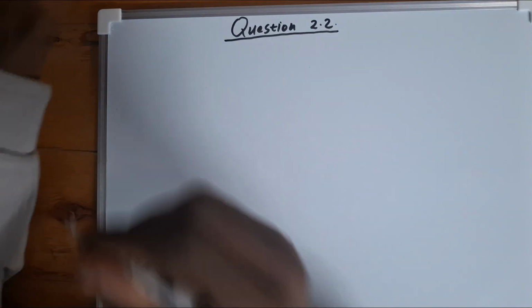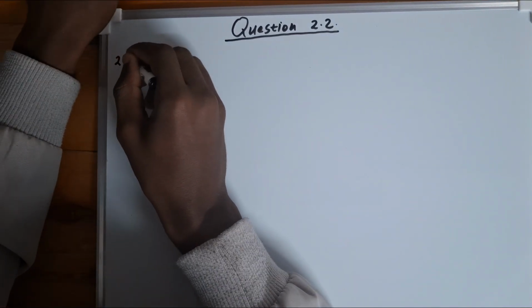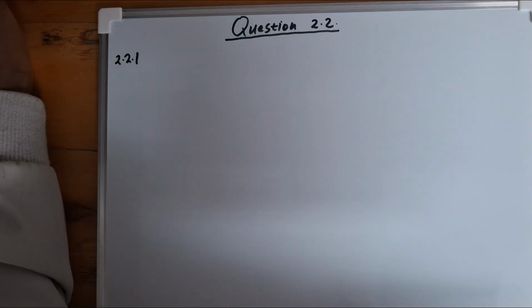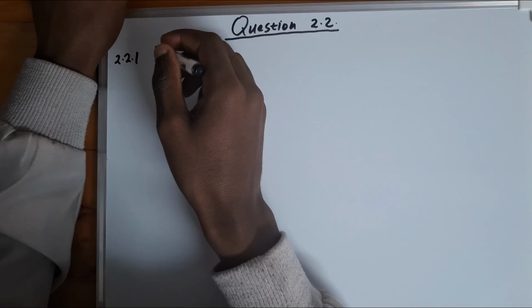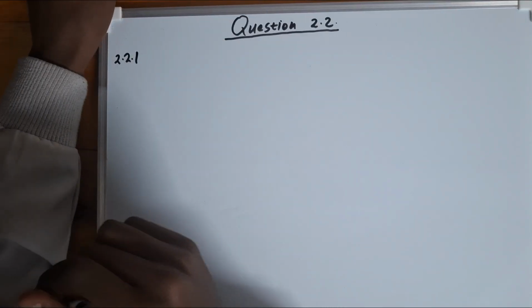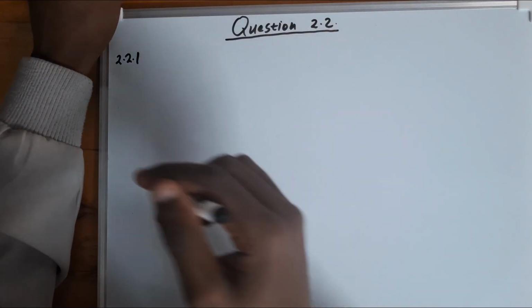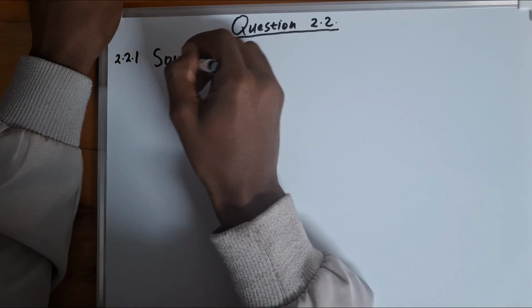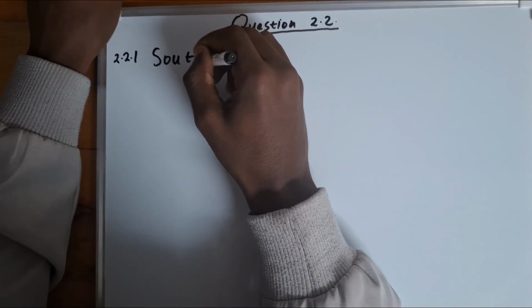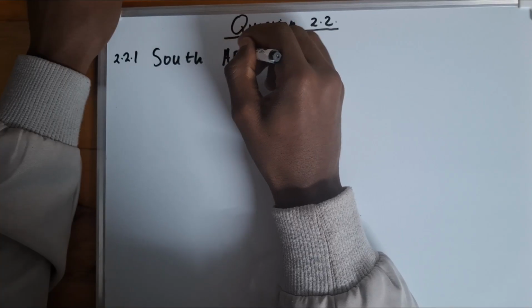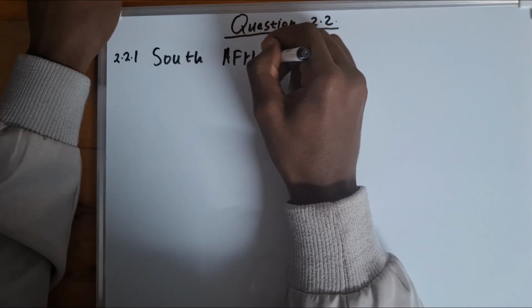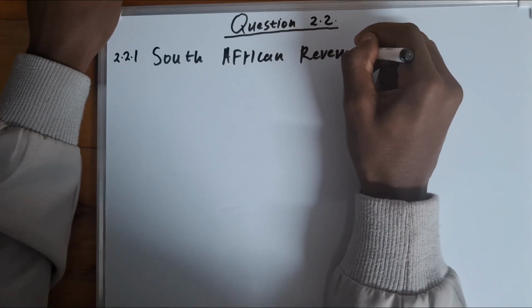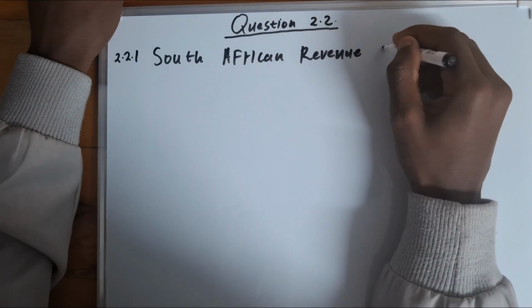We are having question 2.2.1. Question 2.2.1 says, write down the acronym of SARS in full. We know that, as I've already explained, the acronym of SARS in full is S for South African Revenue Service.